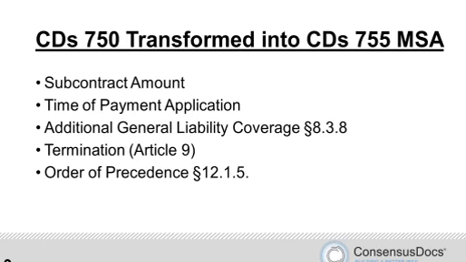A few more changes needed to be made to transform the 750 into the 755. You will see some slightly different language in the termination sections, and that is because obviously there may be situations where, because of a default, a contractor needs to terminate a subcontractor, but perhaps only with respect to a particular project work order, if it happens to be the case that that sub is also working just fine on other projects under other separate project work orders under the master.